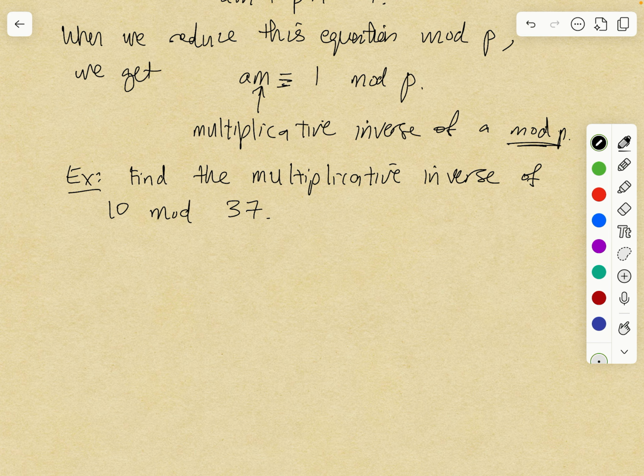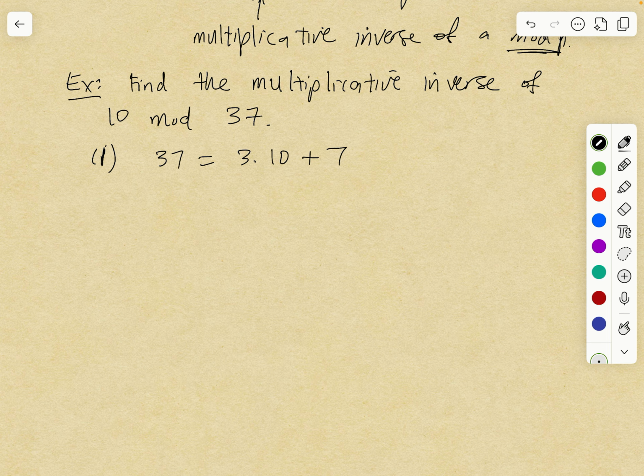So the way to do this is to look at the extended Euclidean algorithm. First we have to do the Euclidean algorithm, those equations. The first equation we get is 37 is 3 times 10 plus 7. So now we have 10 and 7.